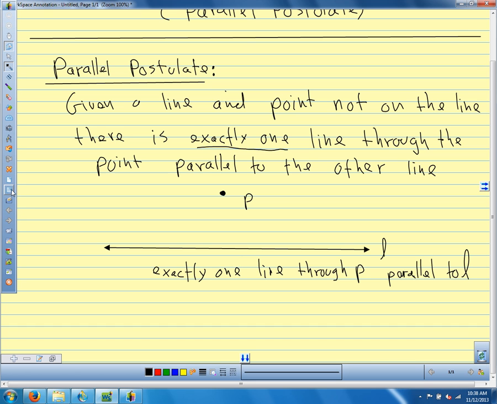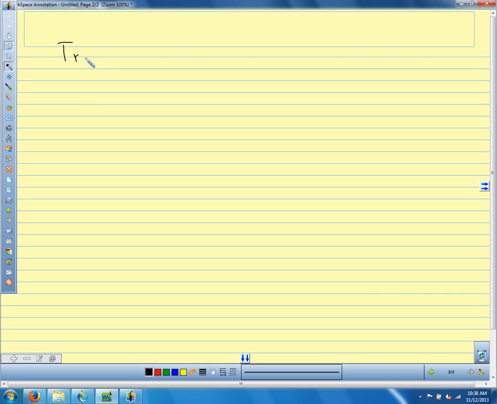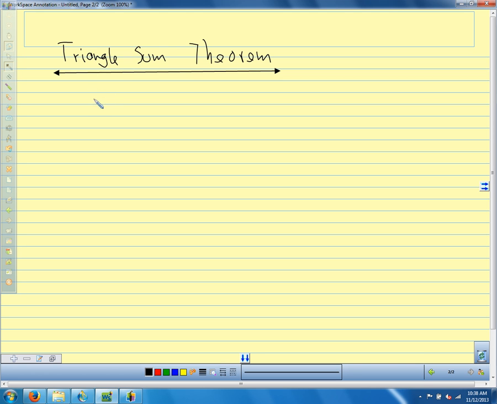So the triangle sum theorem. This is something that we've known for a long, long time. We've used it in our math classes probably since elementary school. The triangle sum theorem says that the measures of all the angles in a triangle add up to 180.